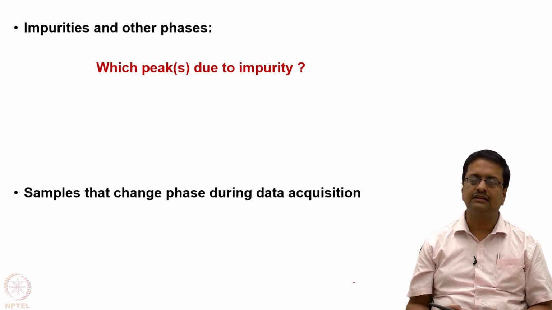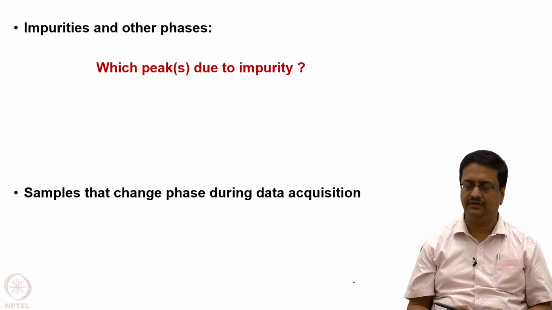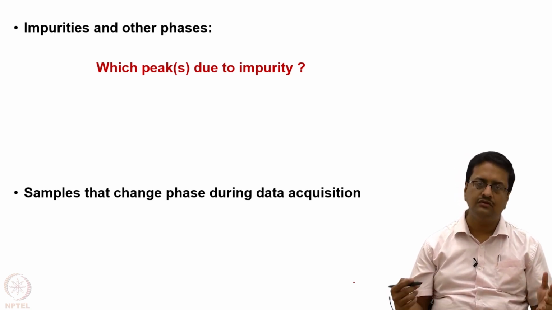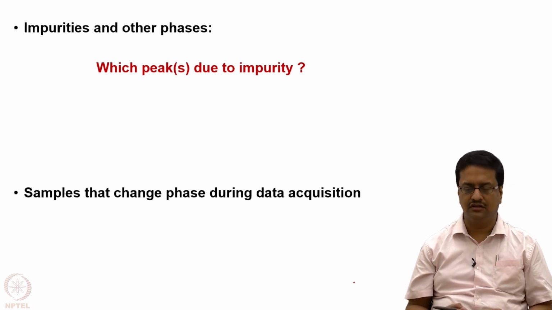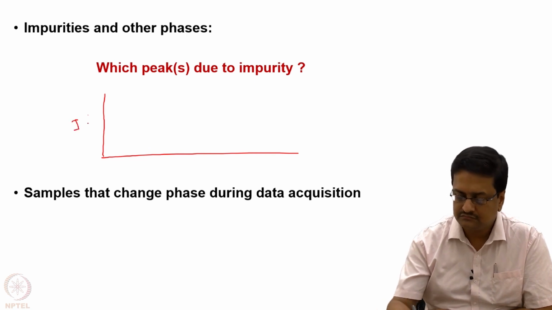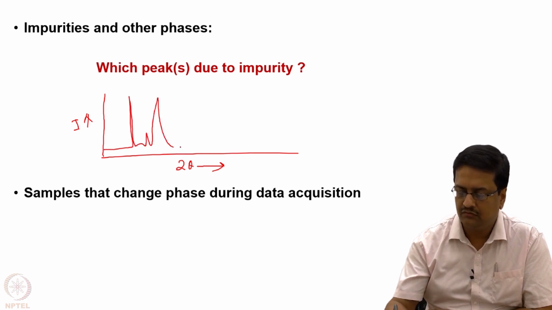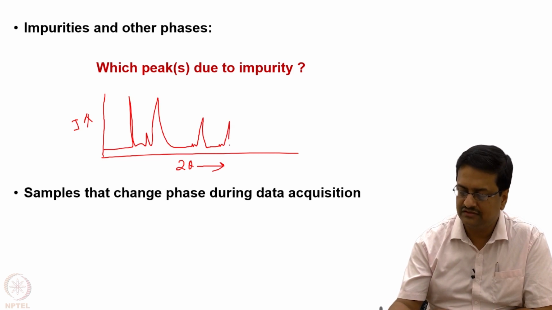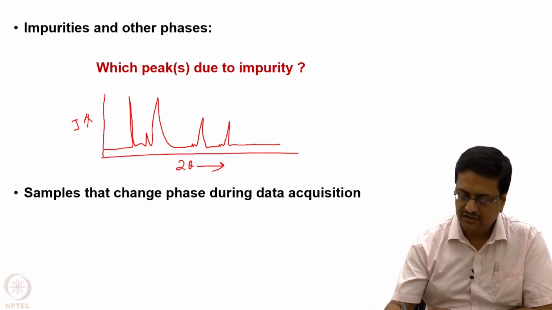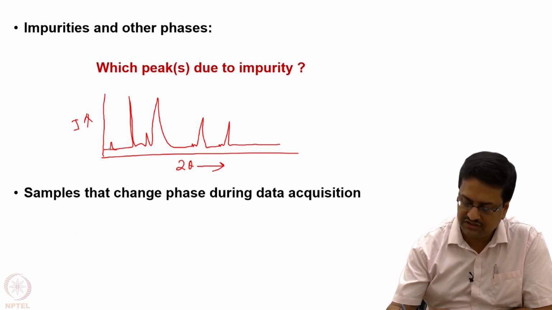A powder diffraction pattern may also show the presence of impurities. When we get a sample and try to measure powder X-ray diffraction data on it, we do not know whether the sample contains any impurity or not. So in addition to the regular peaks, which may be sharp and well spaced like a real structure, there may be some peaks which might appear from some other impurity present in the sample.